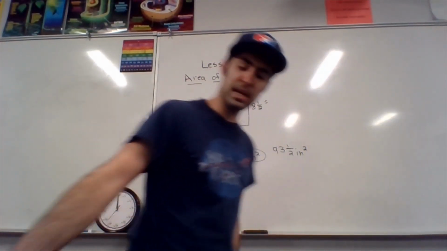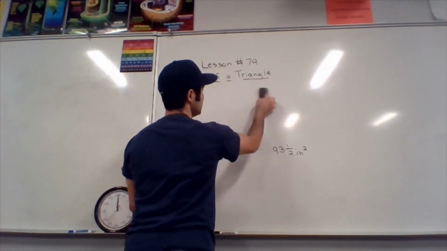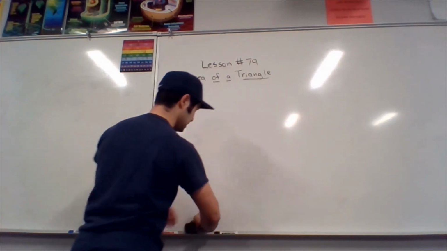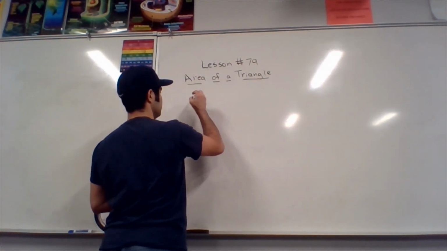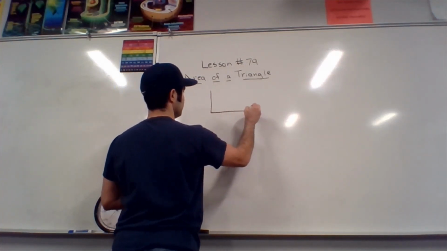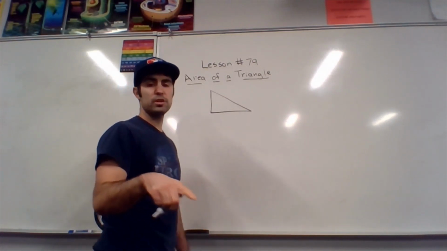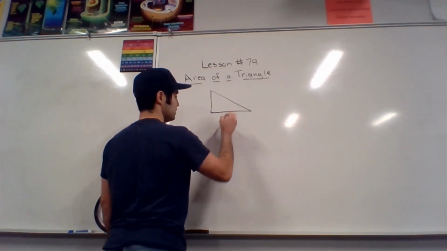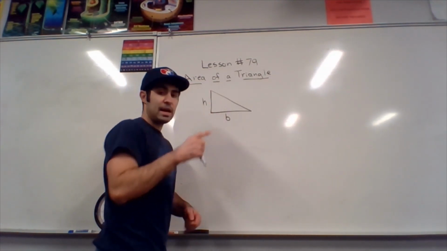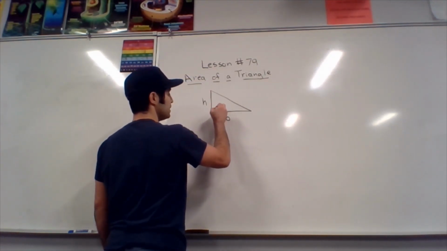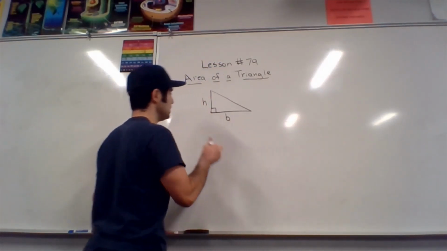Boom. Okay, so let's go ahead and write our equation now. Our equation is as follows. If you have a triangle, any triangle in the world, doesn't matter what triangle, and you take the base, however long the base is, and multiply it by the height, however long the height is, and I'll give you a hint, the height and base are next to the 90-degree angle, so wherever the 90-degree angle is, that's what you need to use.